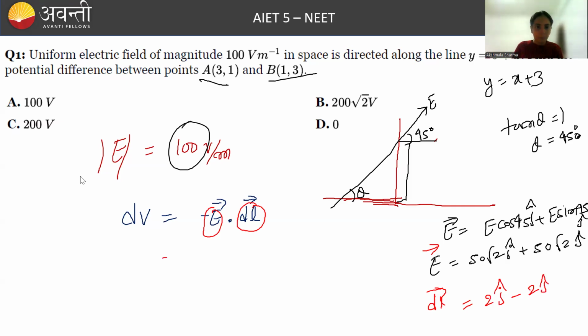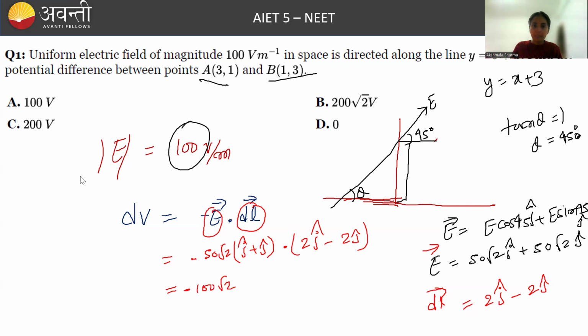Now let's use the formula. So minus E, that is 50 root 2 (i cap plus j cap) dot (2 i cap minus 2 j cap). If you go on to calculate the dot product, i cap dot i cap is 1. So this is 100 root 2 with a minus sign.